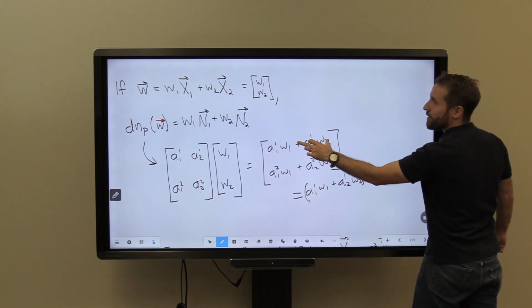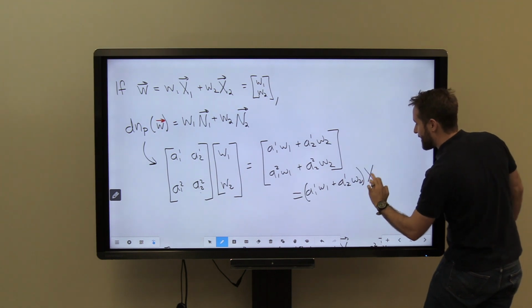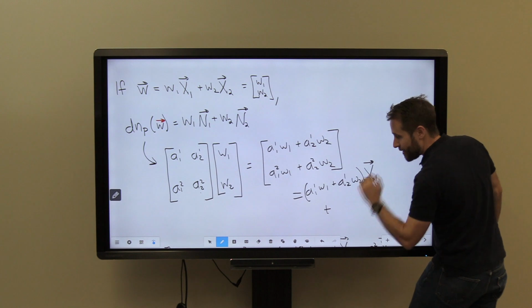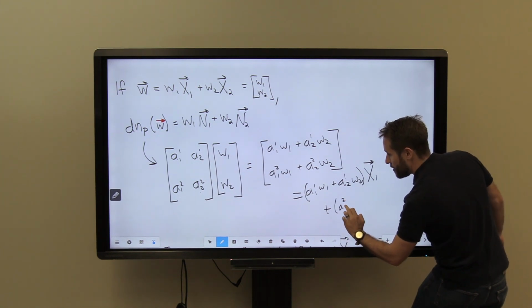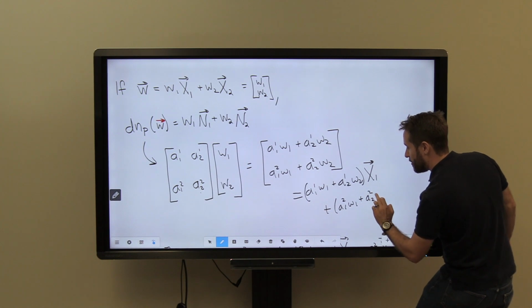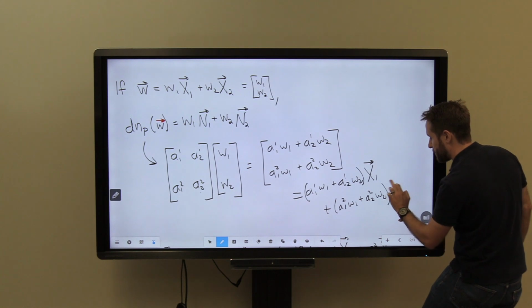And that top entry corresponds to our x1. So this is my x1 plus, and then the second entry is A21 W1 plus A22 W2 times x sub 2.